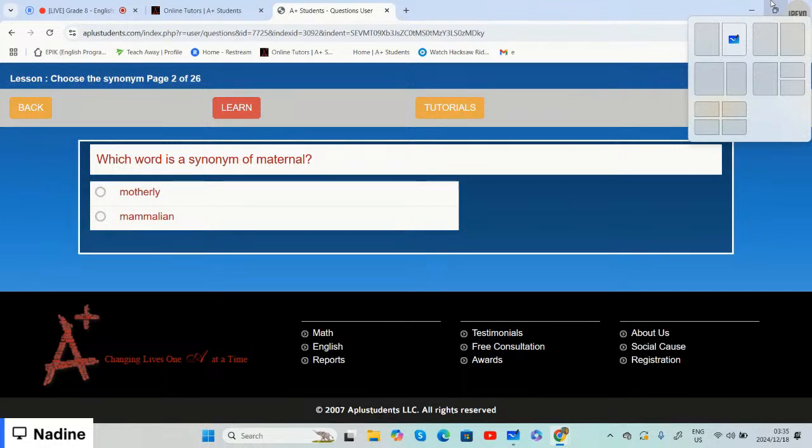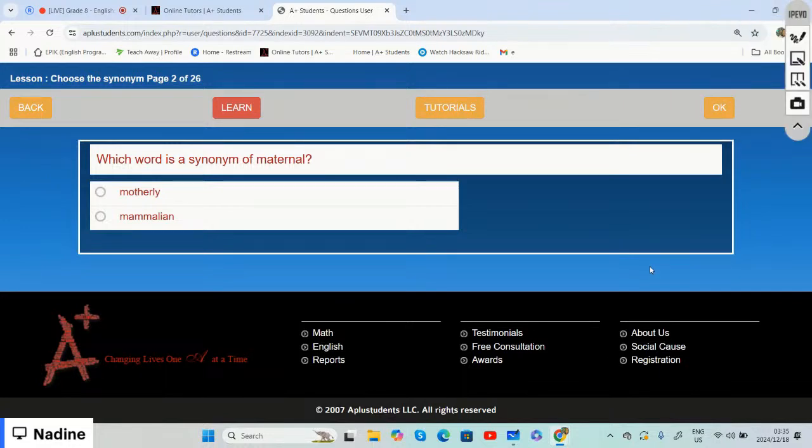So maternal, is it motherly or mammalian?